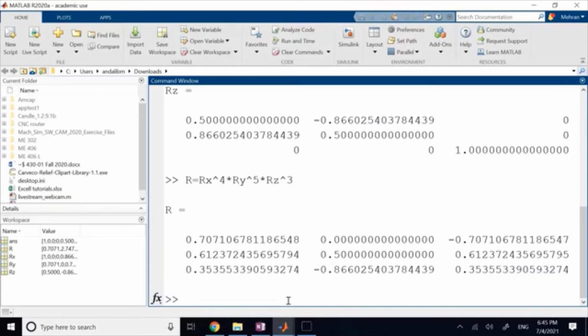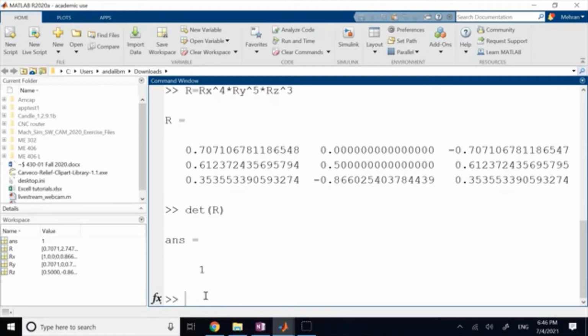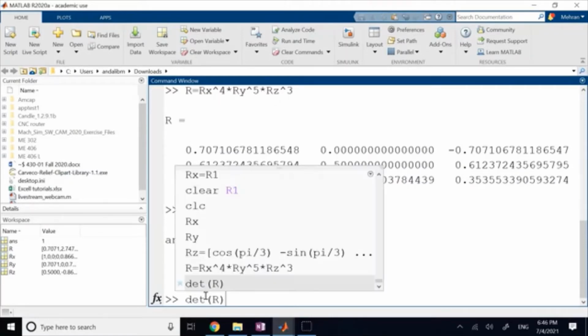Which is the result of 4 times rotation about X, followed by 5 times rotation about Y, followed by 3 times rotation about Z, current Z. We'll talk about that. And now I ask, what is the determinant of this matrix? And you see, still it is showing me 1, and that's not too bad, right?